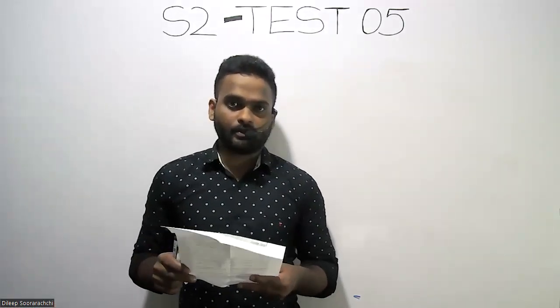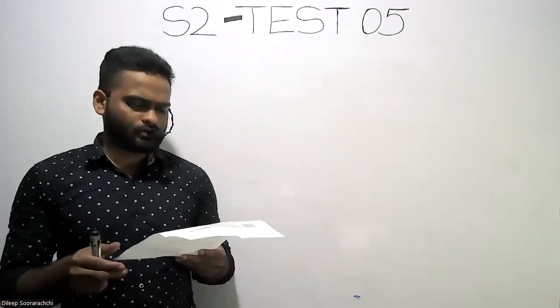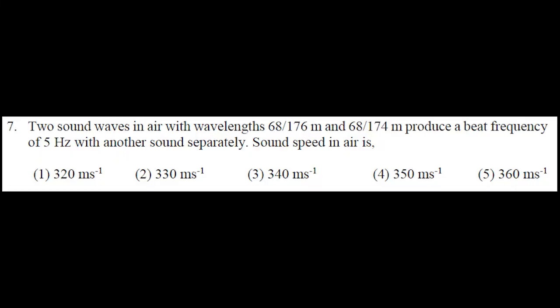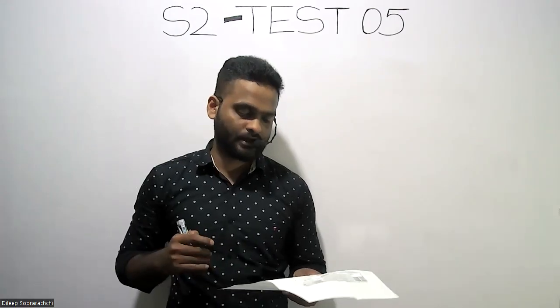Right, seventh question. Two sound waves in air with wavelengths 68/176 meters and 68/174 meters produce a beat frequency of 5 Hz with another sound separately. Sound speed in air is, right.